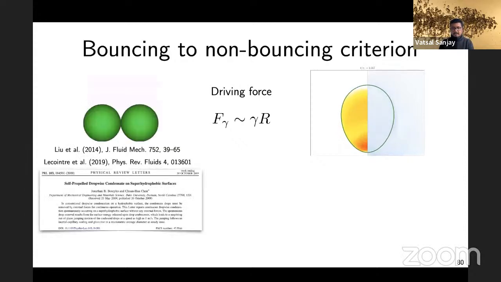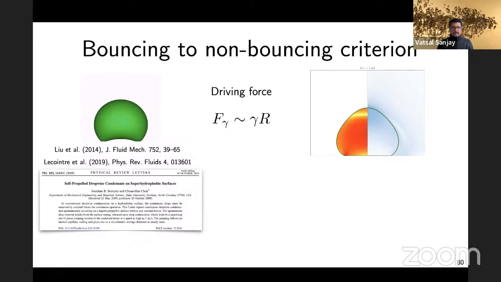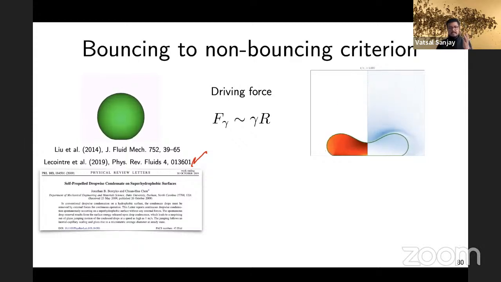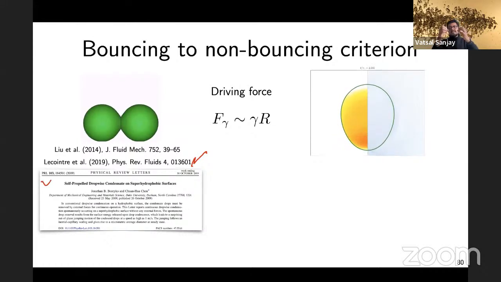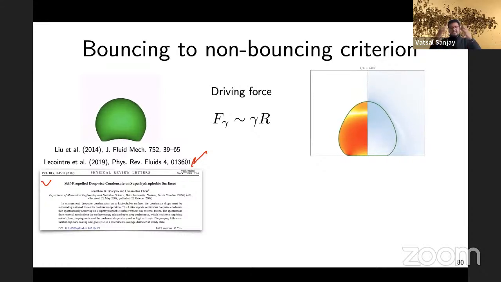And then, of course, that reminds us of this very nice work once again from several people, but also this one. The second one is from David Quéré and Christophe Clanet's group, and this observation was first made by Jonathan Boreyko in this PRL in 2009, which is the coalescence-induced jumping of droplets, because in there also, at t equals 0, you have this excess surface energy that has to go somewhere.